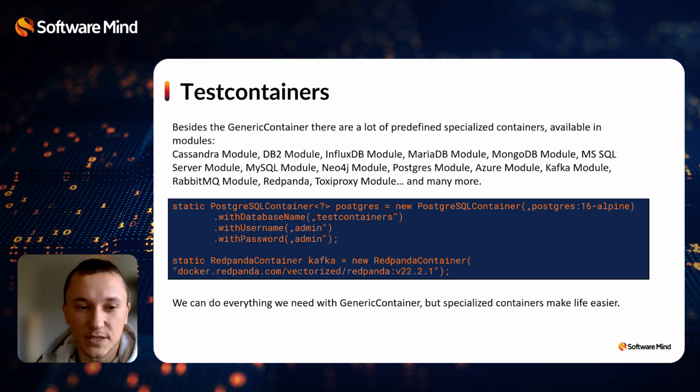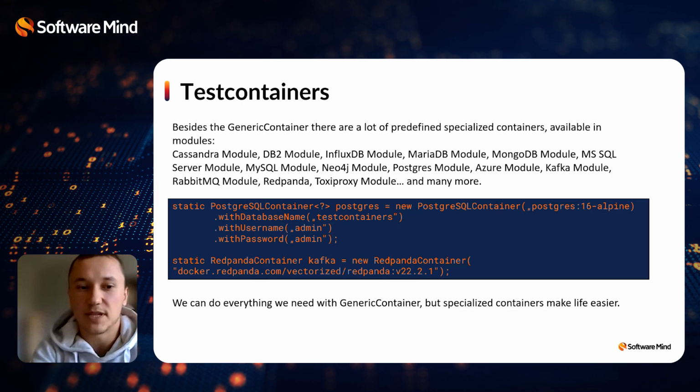You just need to specify the image and some parameters. But here in this example, we have a Postgres container where we specify the version, and we have a bunch of useful methods which are not exposed via the generic container API.